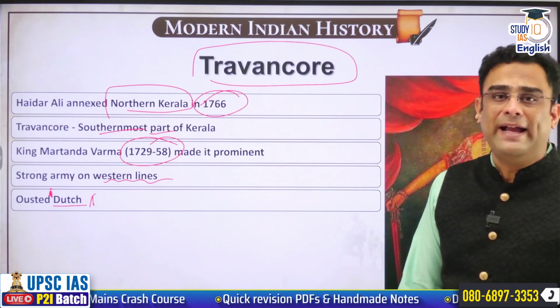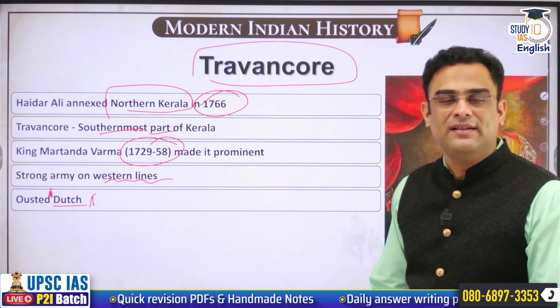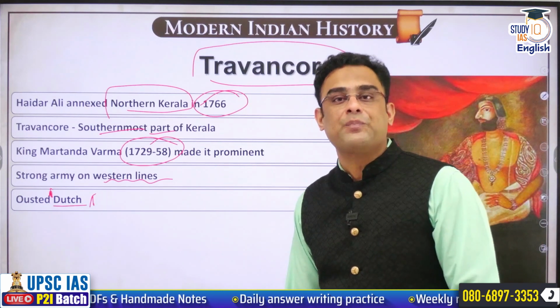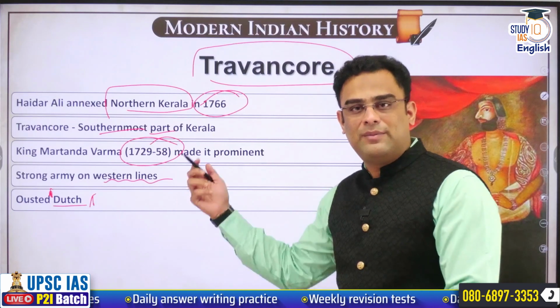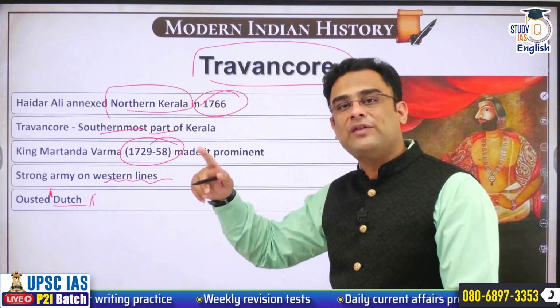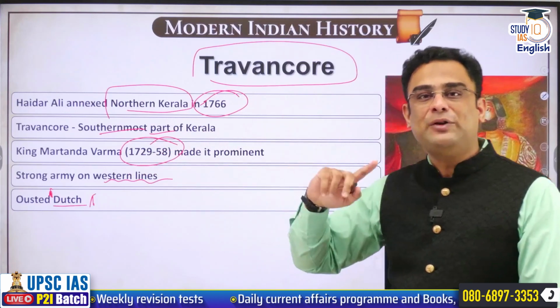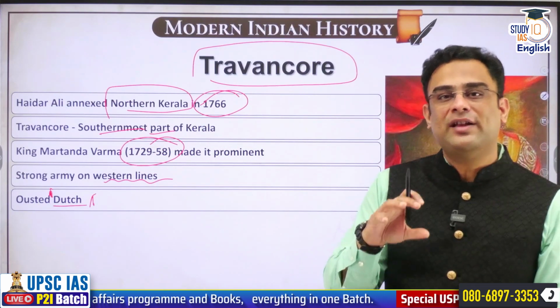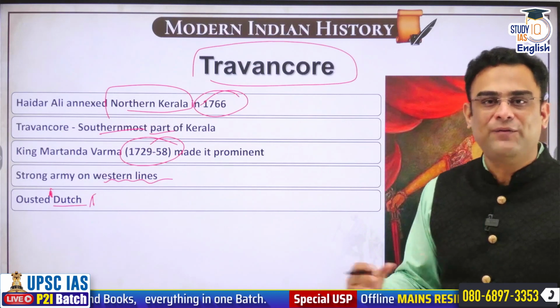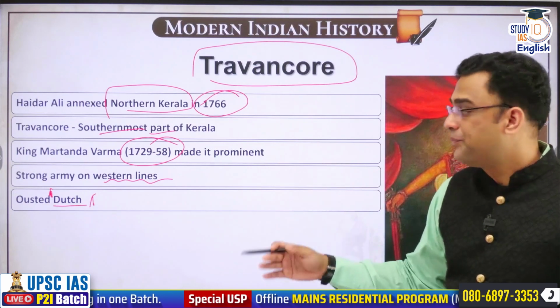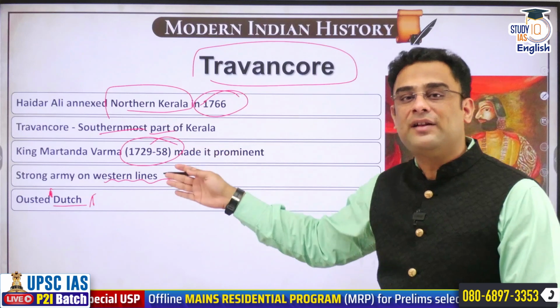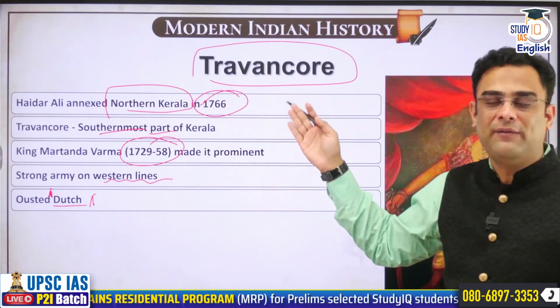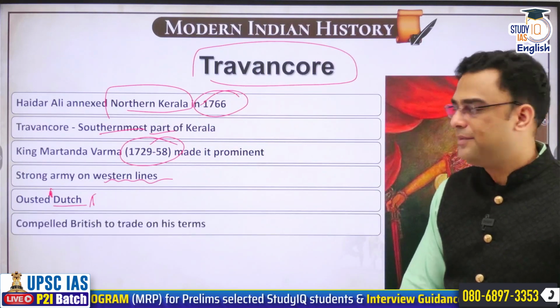The Dutch were also as aggressive as the British East India Company was. But their major interest was in Southeast Asia, and they had to struggle with the East India Company also. That is why they could not establish their control here in India. They left India for Southeast Asia. But before they did that, they were humbled by the state of Travancore using these modern armies.